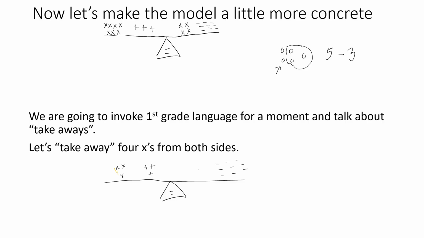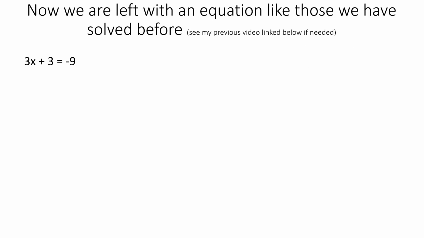And what you want to notice here is that we now have x's only on one side of the equal sign. So what we've got there is 3x plus the 3. Here's the equal sign. And over here, we have the minus 9. So we've got, bring it back into the algebra from there, okay? And so that's how we got it consolidated.